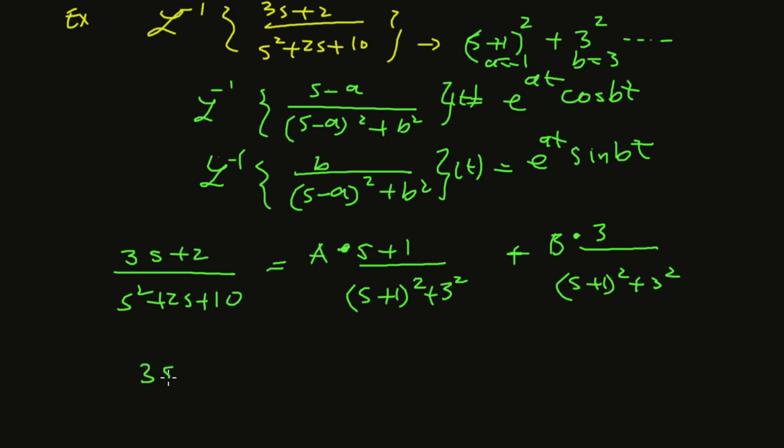So 3s plus 2 is going to be A times s plus 1, and B times 3 there.